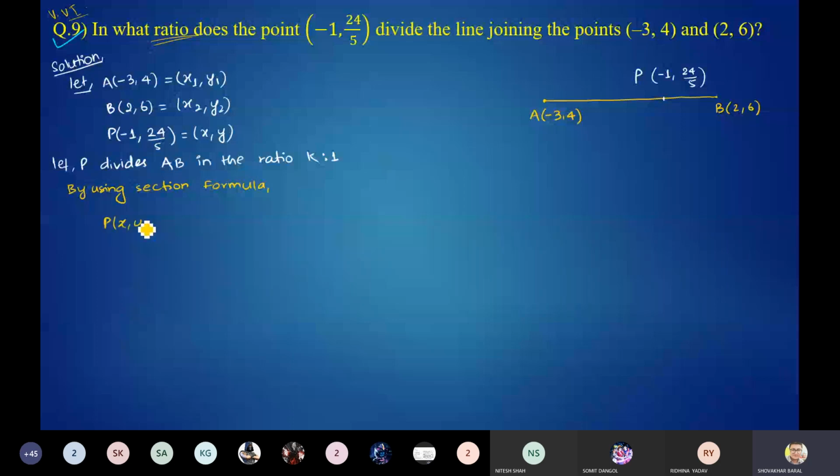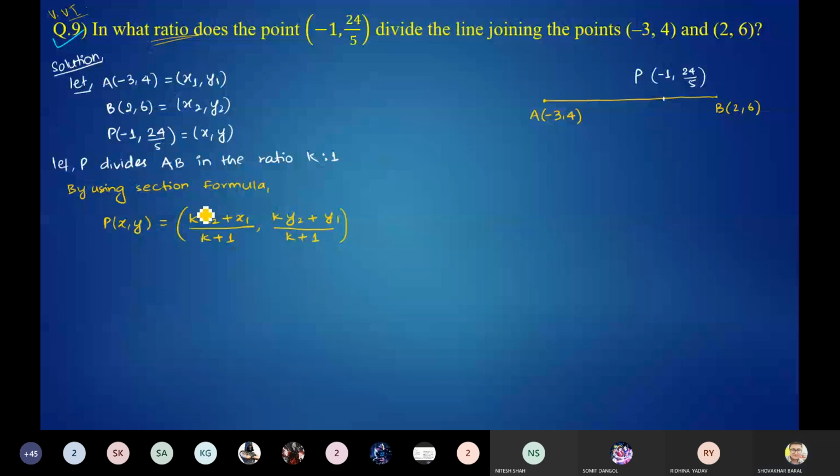P(x, y) divides in k:1, so the formula is slightly different: (k x2 plus x1) divided by (k plus 1) comma (k y2 plus y1) divided by (k plus 1). Yes, it is simply like (m1 x2 plus m2 x1) by (m1 plus m2) comma (m1 y2 plus m2 y1) by (m1 plus m2), and instead of m1 we are replacing k.